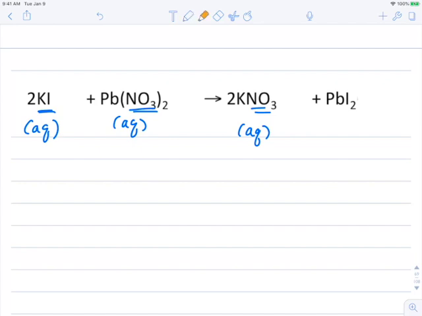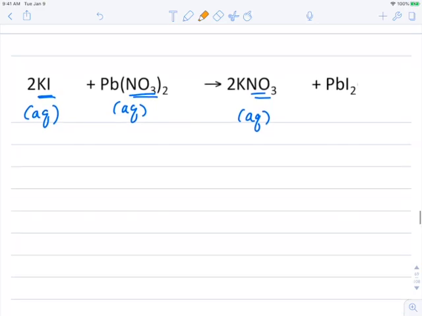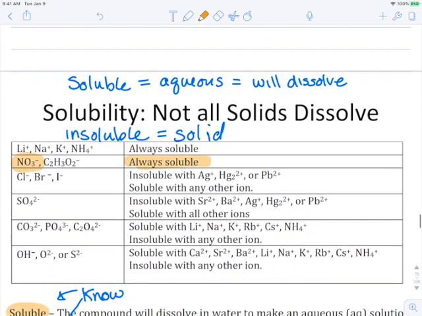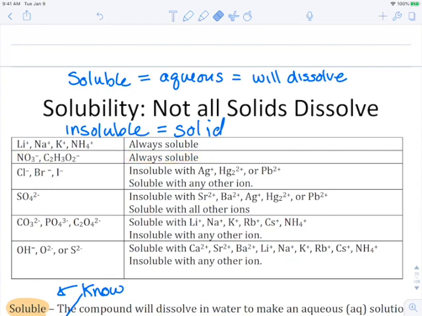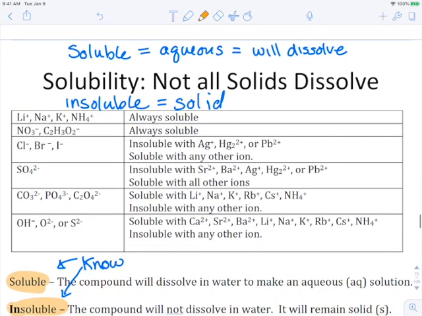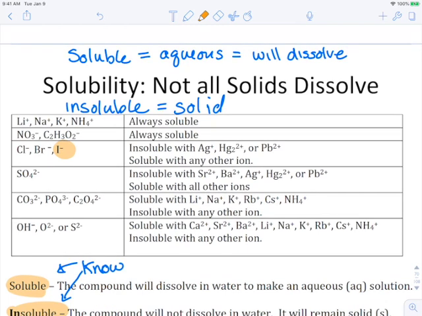All right. So next up we have the lead iodide, PbI2. So I'm going to go to the table. And again, lead isn't listed separately, so in this case we have to use iodide. And here it says that it is normally soluble, but it becomes insoluble if it has one of these three that are listed.